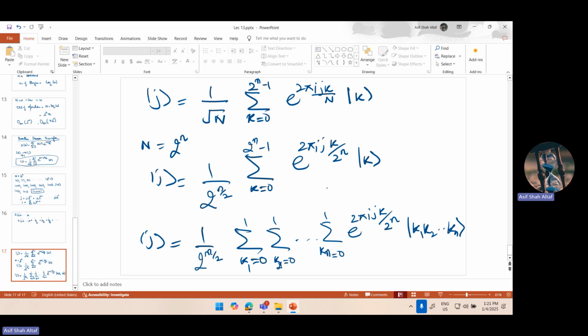So what I did is open up this summation and write the notation as a binary representation.